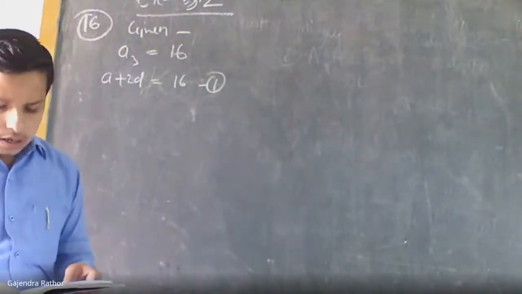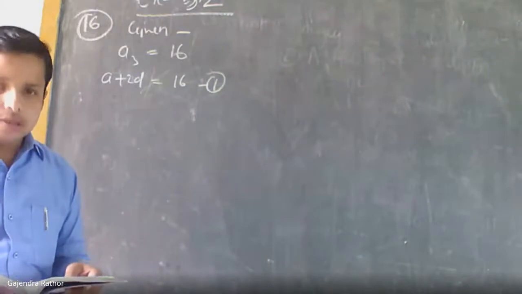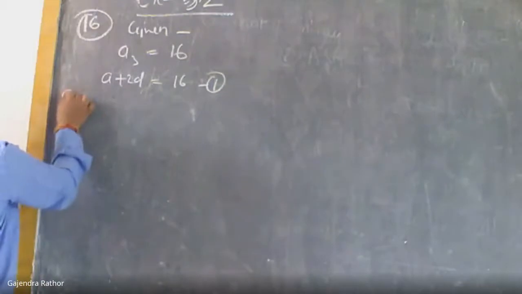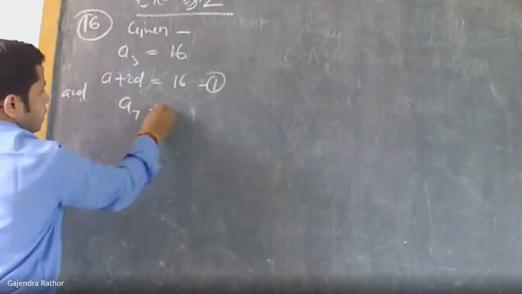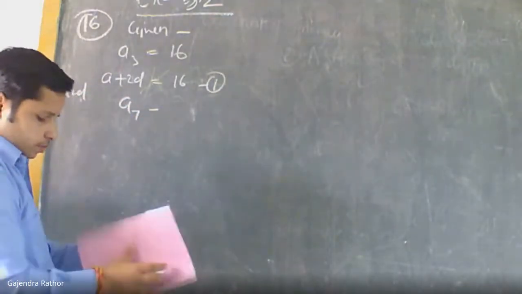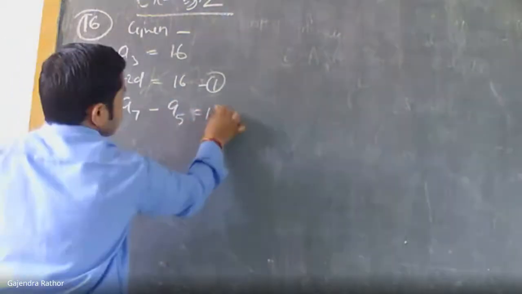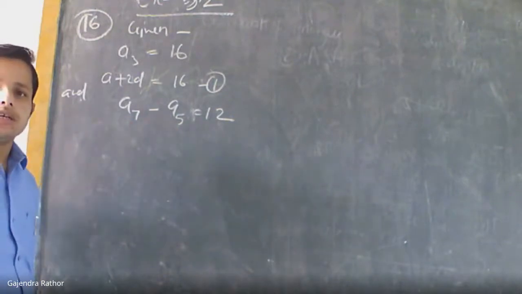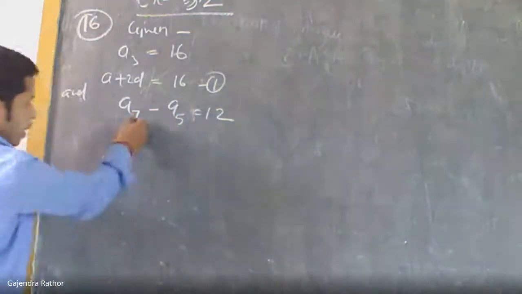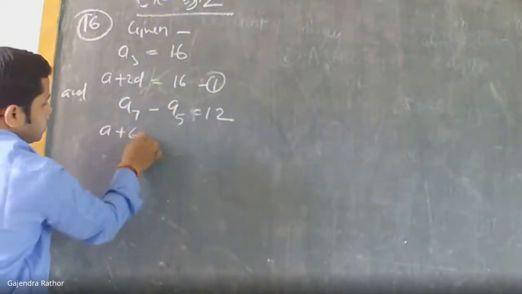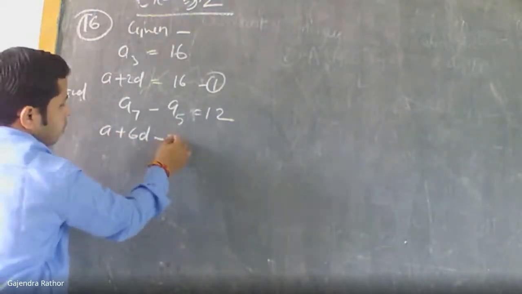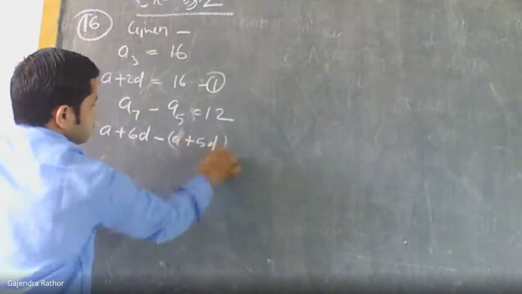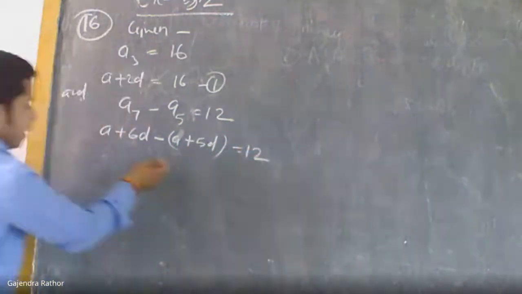The next is the difference between the seventh term and the fifth term is 12. And A7 minus A5 is equal to 12. So we can also convert these terms according to the general form. A7 we can write A plus 6D, minus A5, we can write A plus 5D in brackets, is equal to 12.